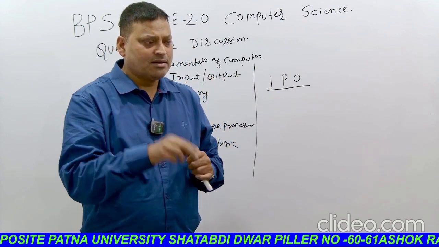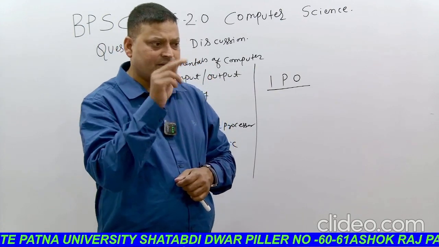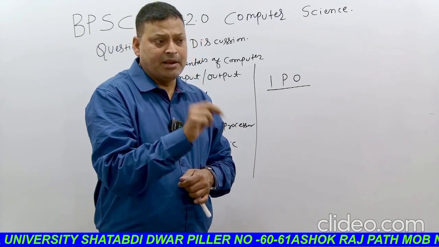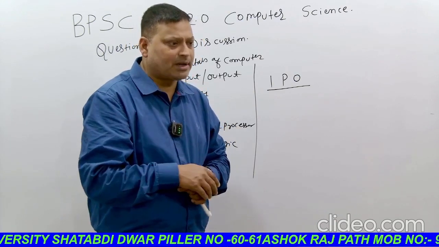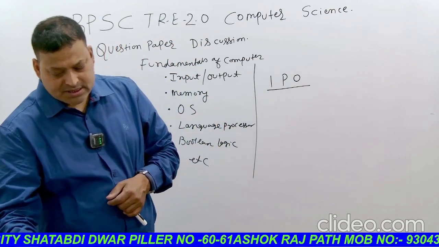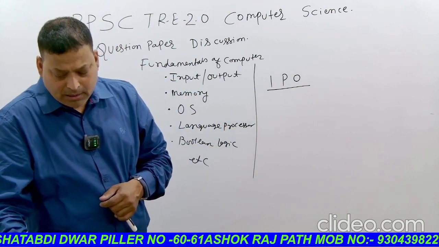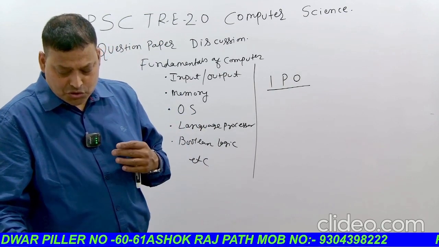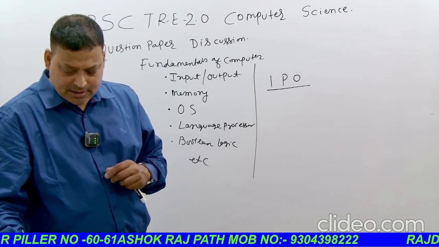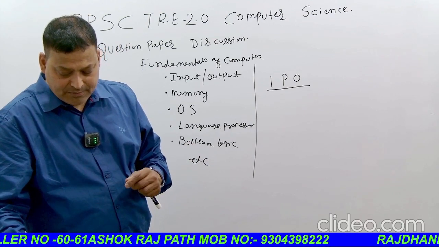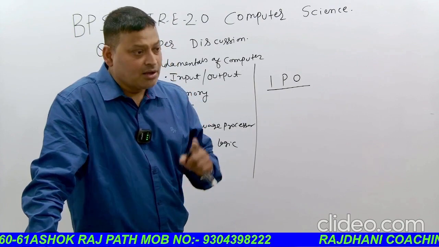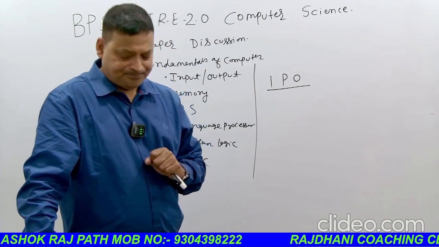As far as the CPU is concerned, it's a very small chip that is inbuilt on the motherboard. So CPU on a single chip is called microprocessor, microcontroller, solid state device, more than one of the above, or none of the above. The correct option is microprocessor.